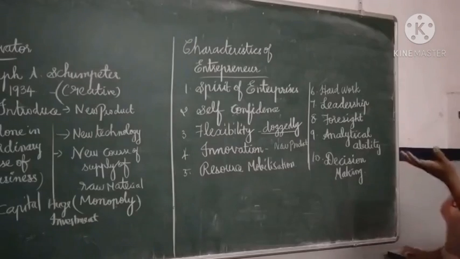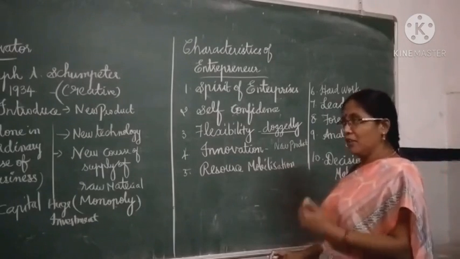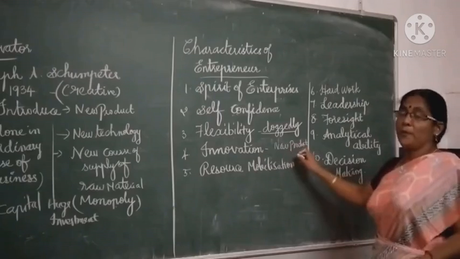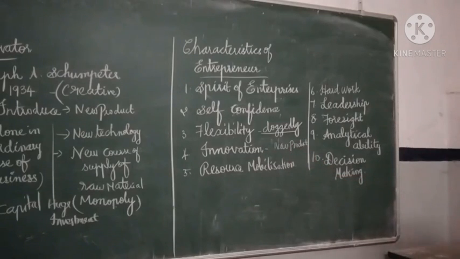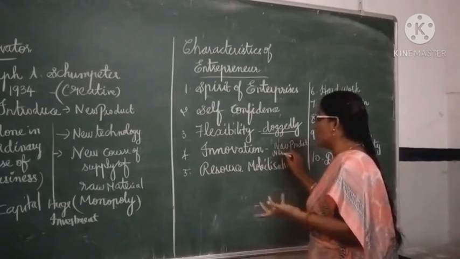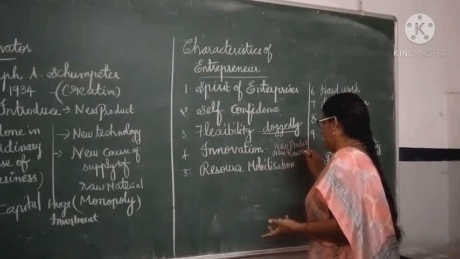If any business territory is not covered in our area, we should cover it through our new product. The entrepreneur must have the thirst to innovate a new raw material.